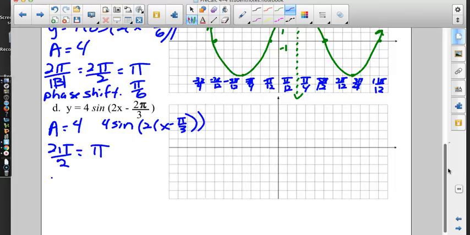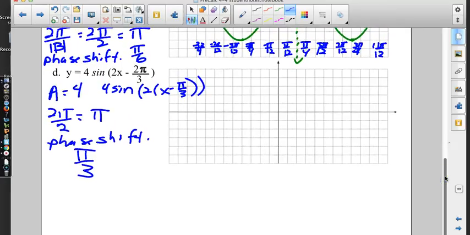All right, next up, phase shift. What's our phase shift? Pi over 3. All right, so we're going to start this graph at pi over 3. We need our increments. Our increments are going to have to go by pi over 4. And you know what? I think I've got some room down here finally to do my inequality on this page.